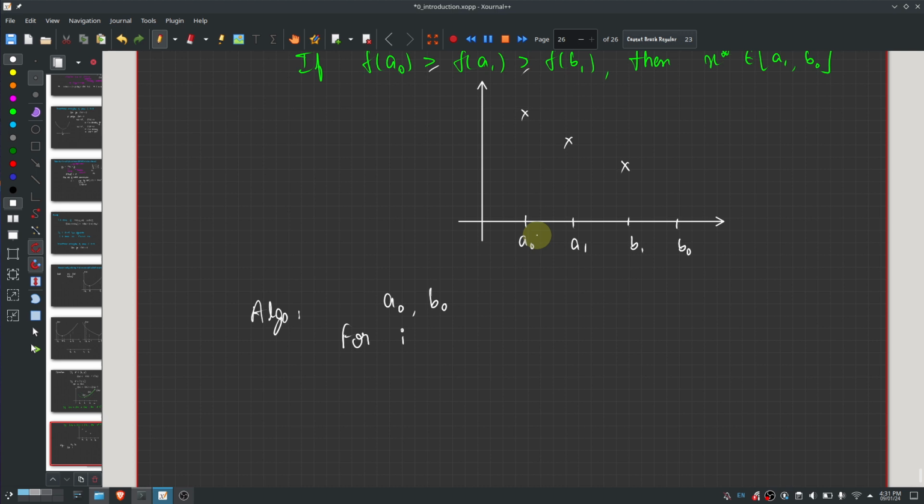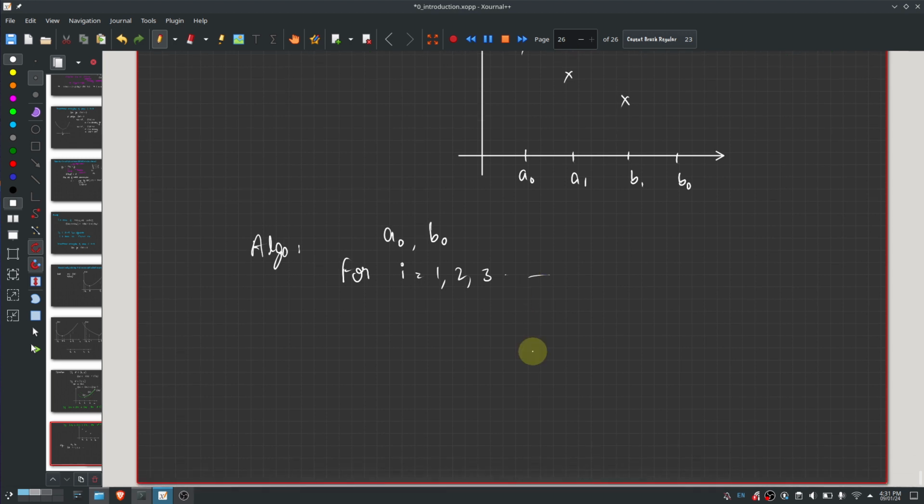Okay, so given these observations, we can come up with the following algorithm. You start with an initial A0, B0, and then you take i equal to 1, 2, 3, up to some point of convergence, until your search space has reduced sufficiently. And in each step, you do the following.